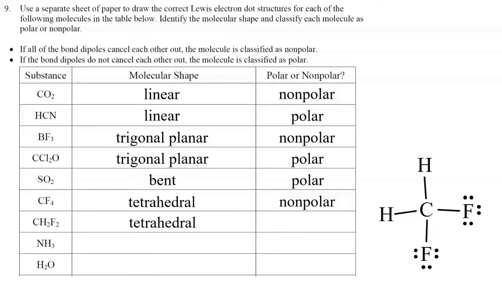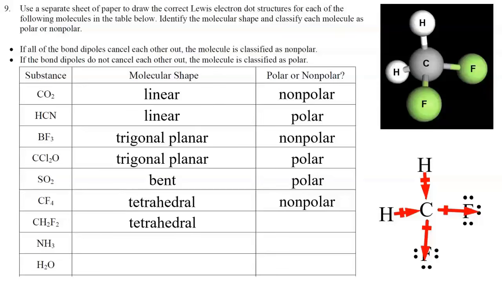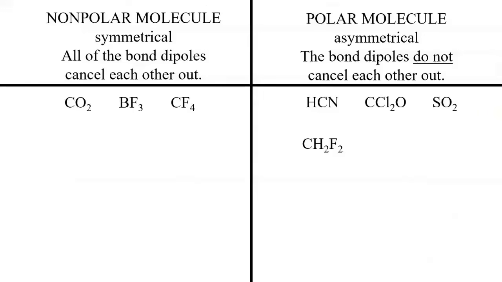So we have a slight dipole between the hydrogen and the carbon, and then we have a dipole between the carbon and the fluorine, but the magnitude of these 4 dipoles is not the same, and they do not cancel each other out. So because of the asymmetry, this molecule is classified as polar. So the bond dipoles in CH2F2 are not going to cancel each other out. That molecule is polar.